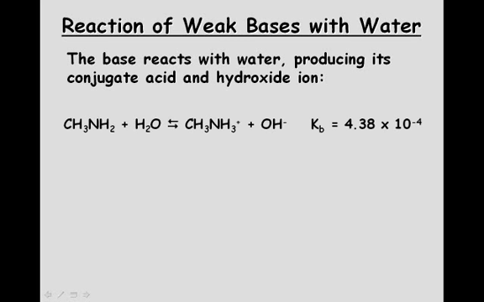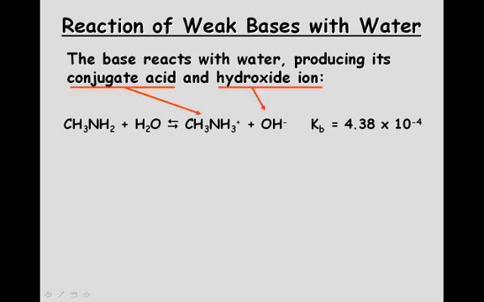It's basically a nitrogen with two hydrogens and then a carbon group attached, so it's kind of like your NH3, but one of the H's has been replaced by a carbon group. So CH3NH2 is a pretty typical weak base, picks up a hydrogen from the water, you produce the cation and OH minus, and then that reaction would have a Kb at a particular temperature.